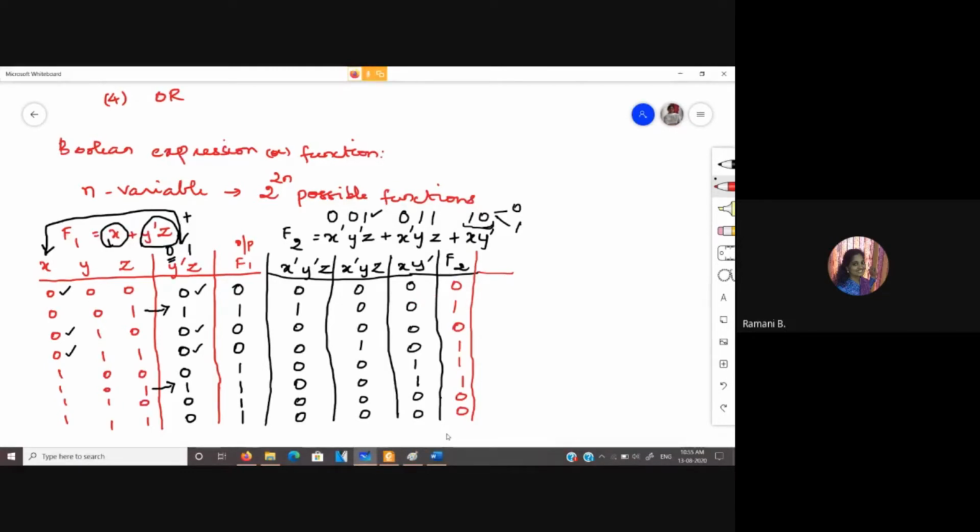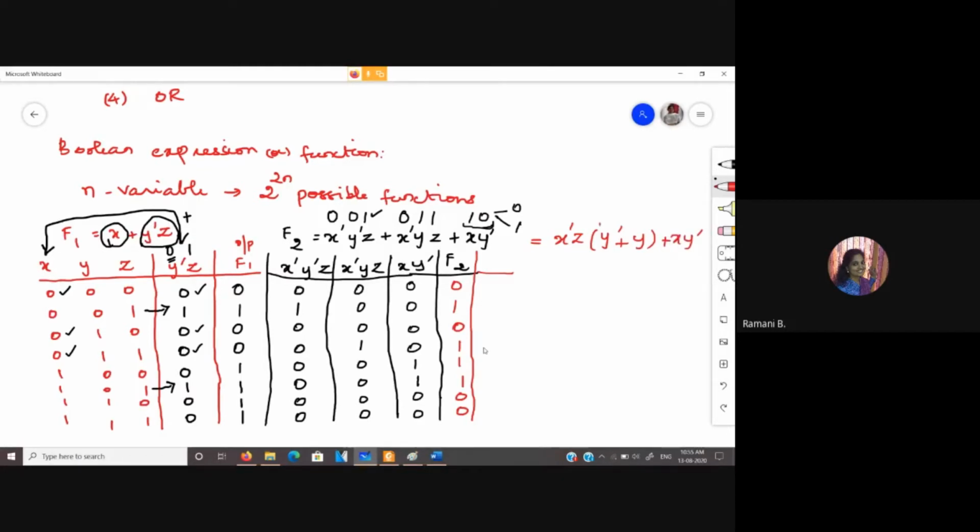So now, here we have the expression in this bigger form. Actually, the given F2 can be simplified. In the first two terms, x bar and z are common, so you can simplify it as x bar z into y bar plus y, plus x y bar.